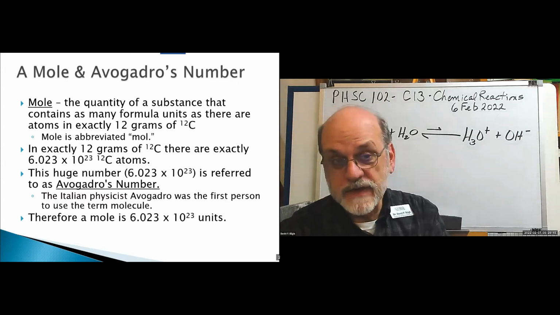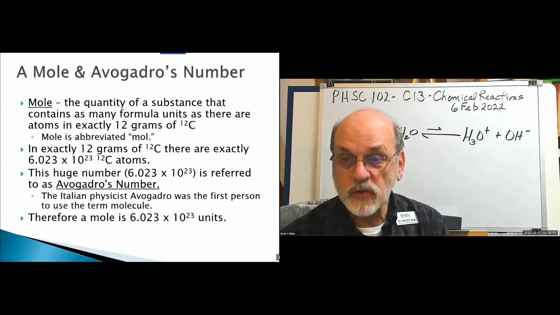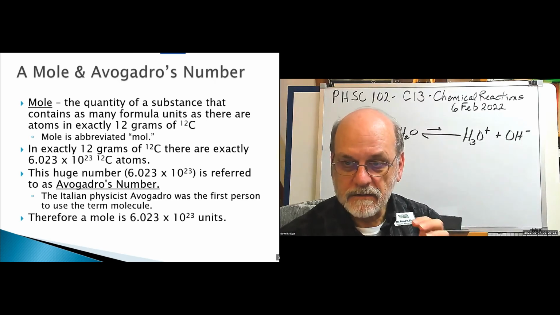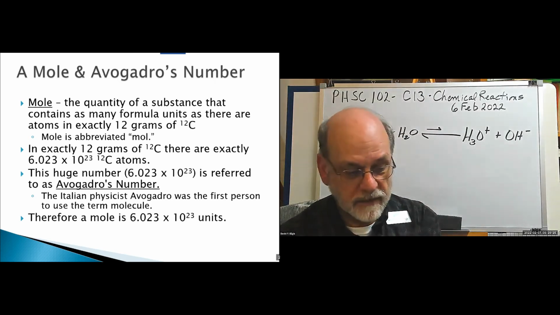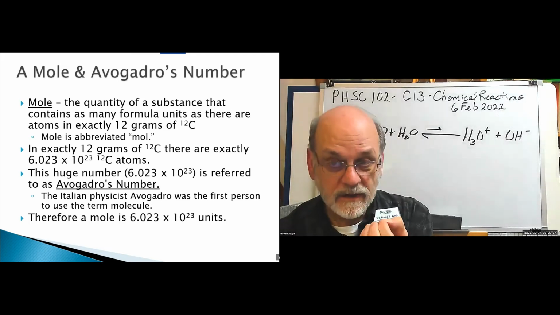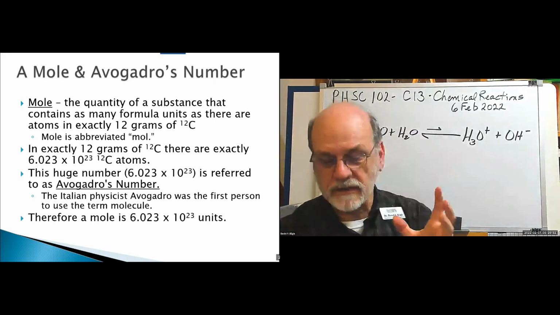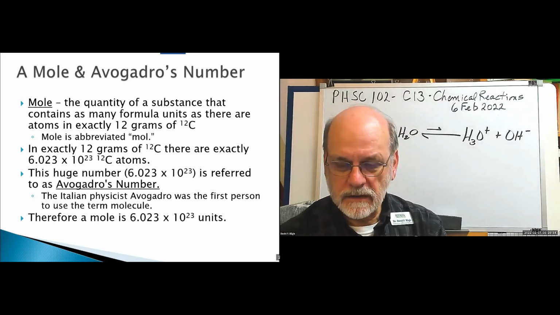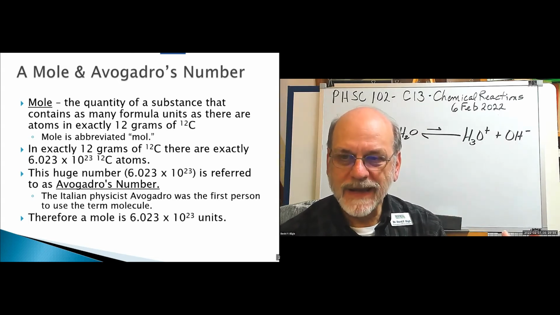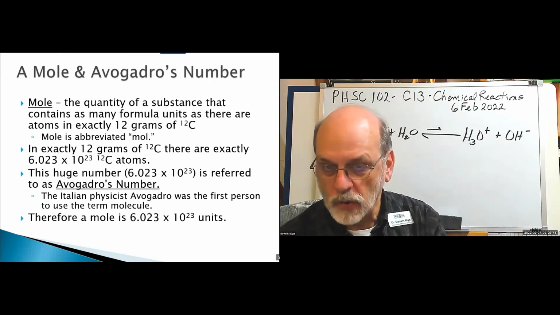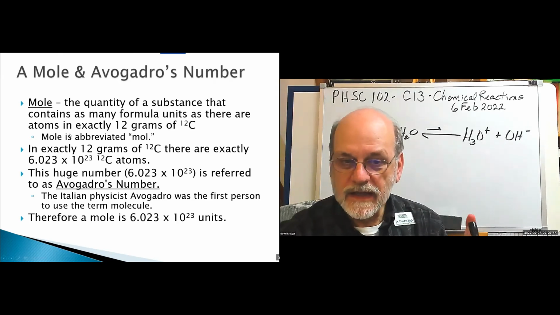And the reason that the mole was developed as a unit of measure was that on the atomic level, if you've got just a little bit of something, you've got lots of atoms, a huge amount. So we invented this unit of measure to make it more convenient to discuss these large numbers, and that's the mole.